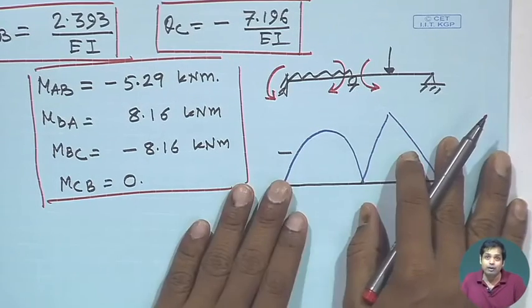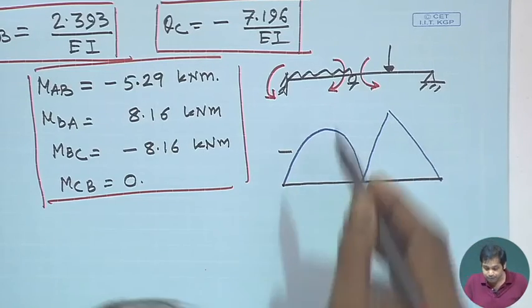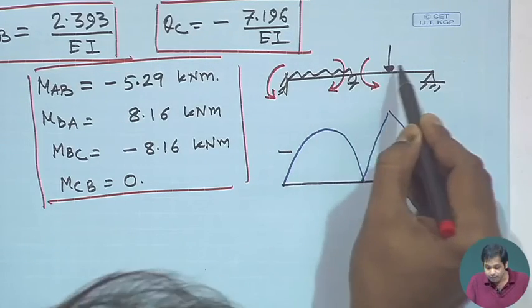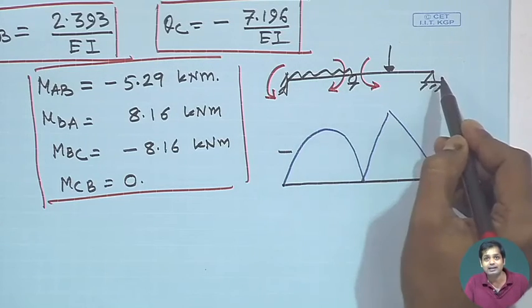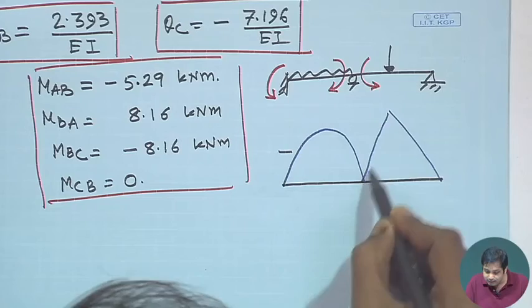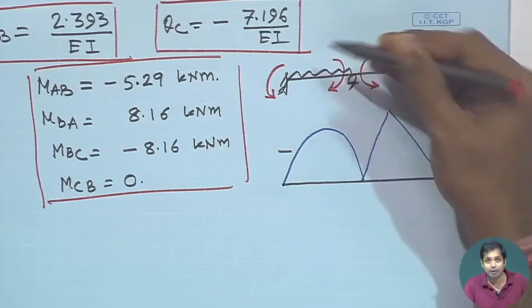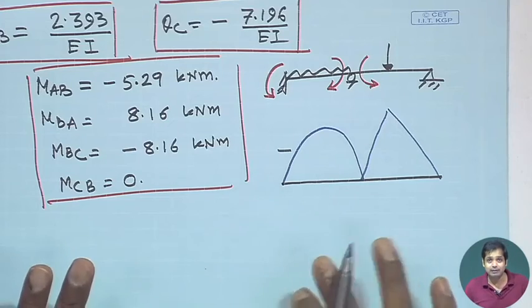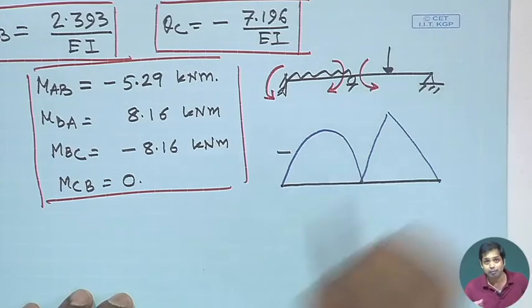Now, when you draw the bending moment diagram, we check whether the moment is a hogging moment or a sagging moment. Because of this external load, the moments will be sagging moments, because this external load will cause sagging in this segment. That is why it is drawn on the upper side. Okay, at least this is the convention that we have been following in this course, that we draw the bending moment on the compression side.